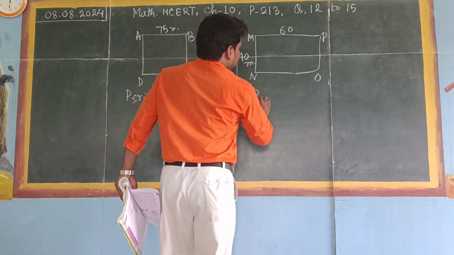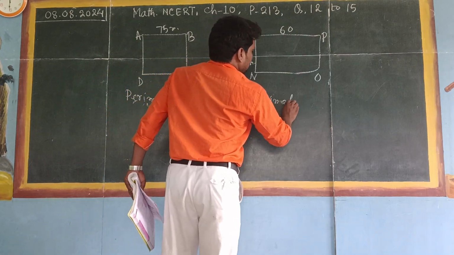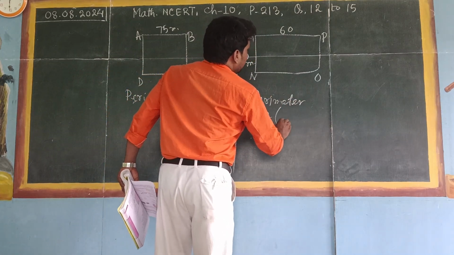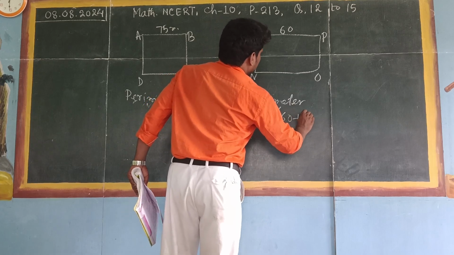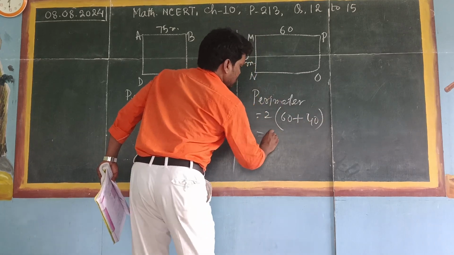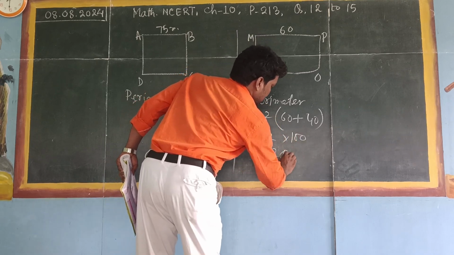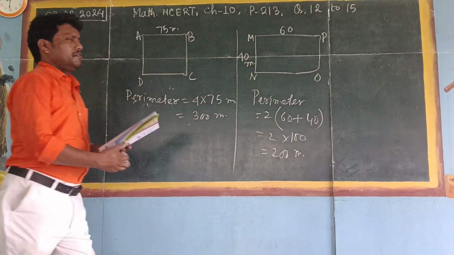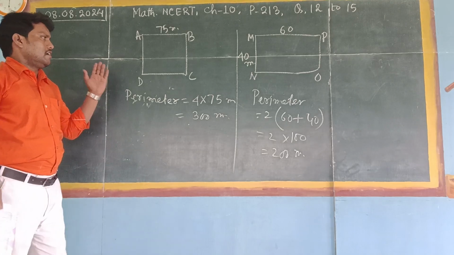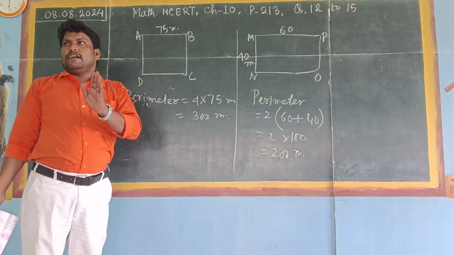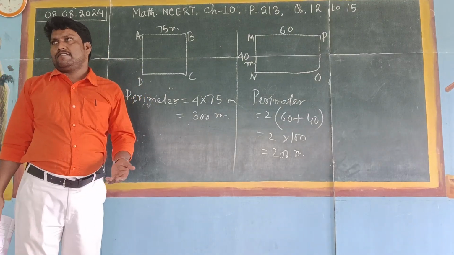And for the rectangle, perimeter is 2 into length plus breadth, 200 meter. Very easy.